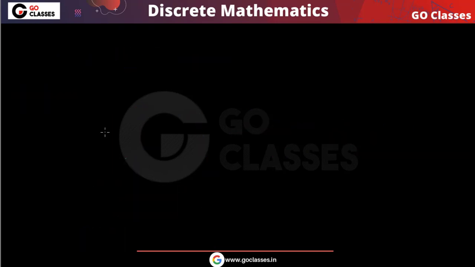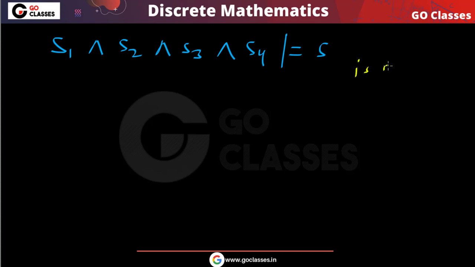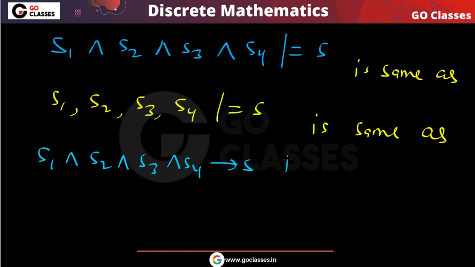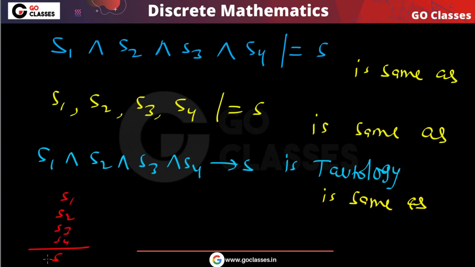Remember, this is a very simple idea. The statement S1, S2, S3, S4 infers S is the same as S1 comma S2 comma S3 comma S4 infers S, and this is the same as S1 and S2 and S3 and S4 implies S is a tautology, and this is the same as saying the argument S1, S2, S3, S4, therefore S, is a valid argument.